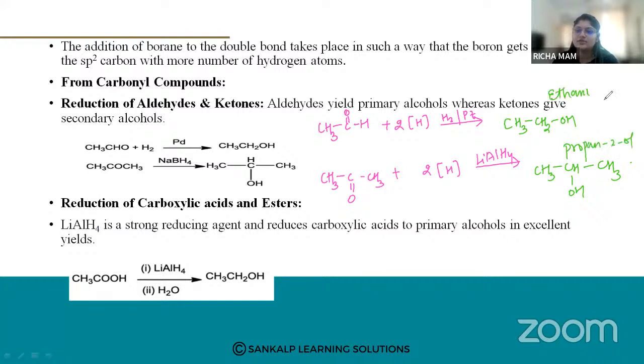So reduction of aldehyde yields a primary alcohol, and reduction of ketones will yield a secondary alcohol. This is acetone, so from acetone I'm going to get propan-2-ol, and from acetaldehyde I'm going to get ethanol. Okay, so is it clear?